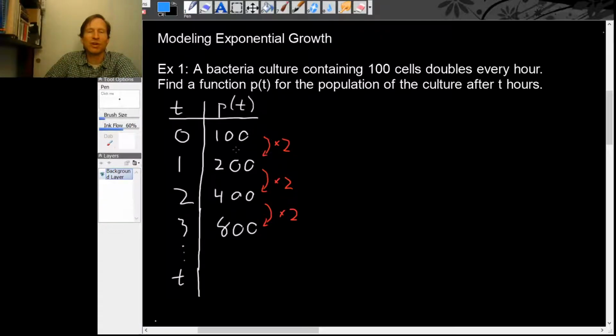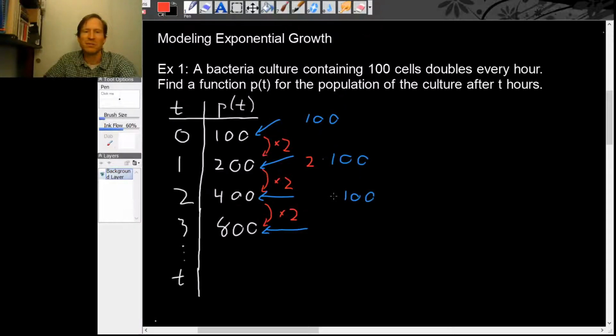If you look at each line, these all have something to do with the 100 cells that you start with. So at the beginning, it's the 100 cells that you start with. After 1 hour, it's the 100 cells that you start with, but then multiplied by 2. After 2 hours, it's the 100 cells that you start with, but then multiplied by 4.